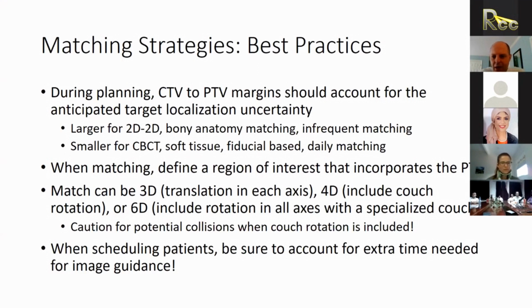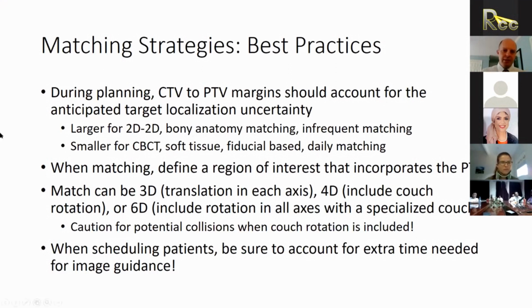By keeping all of that consistent, you can do all the homework up front, figuring out what your uncertainties are for each situation. And then it's often possible to have a set CTV to PTV margin that we always use when we use this image guidance protocol.